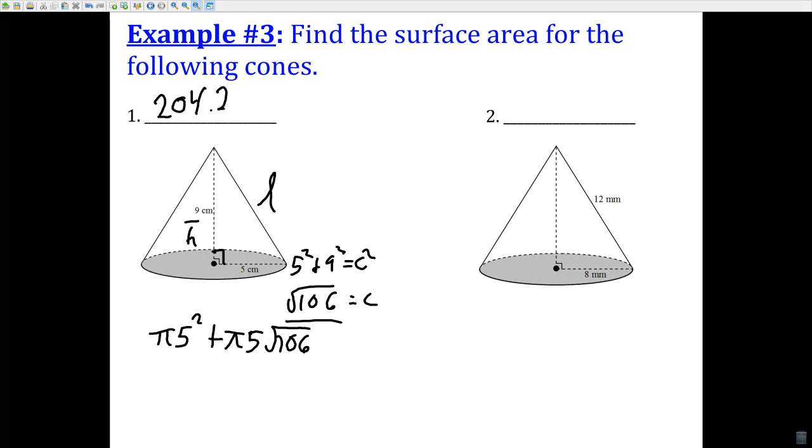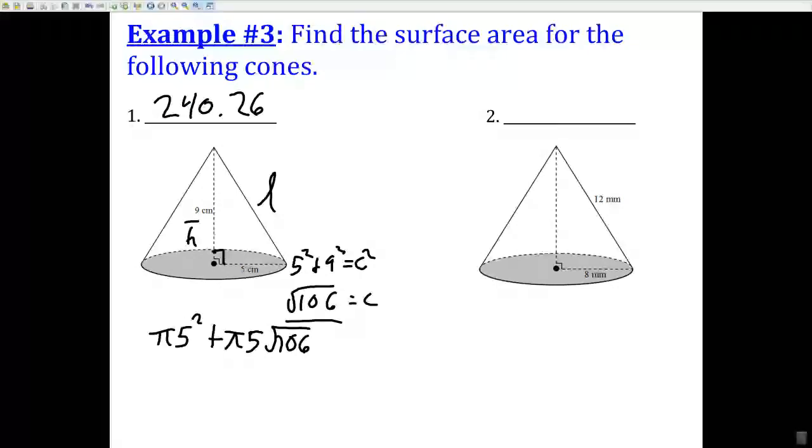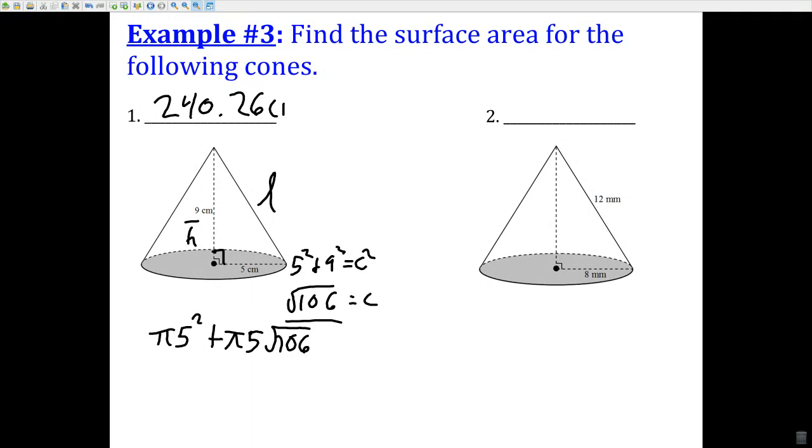Oh, whoa. Try it again. 240.26 centimeters squared. Or centimeters squared because it's still surface area, which is area, not volume.